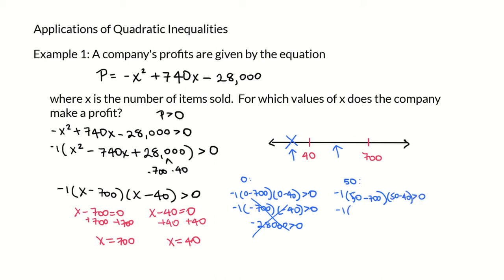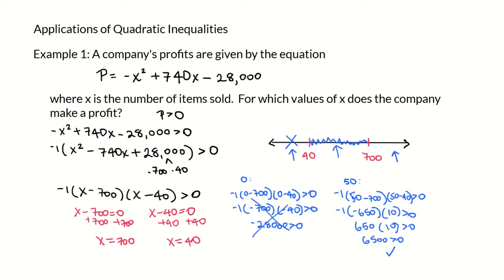That's negative 1 times negative 650 times 10. So that would be 650 times 10, which is indeed greater than 0. So this solution area works for our inequality.